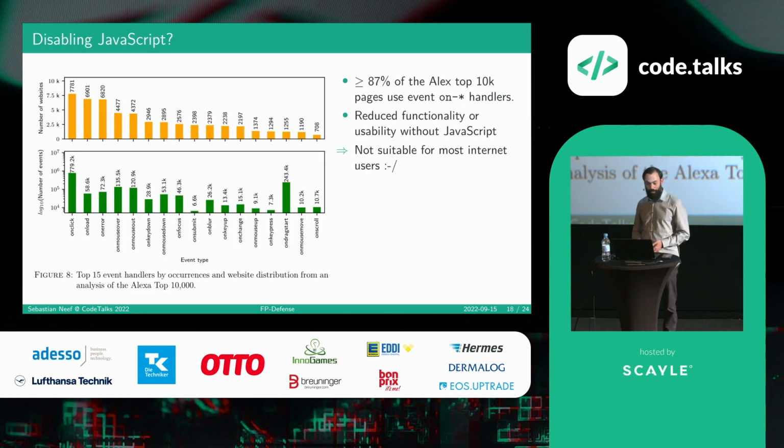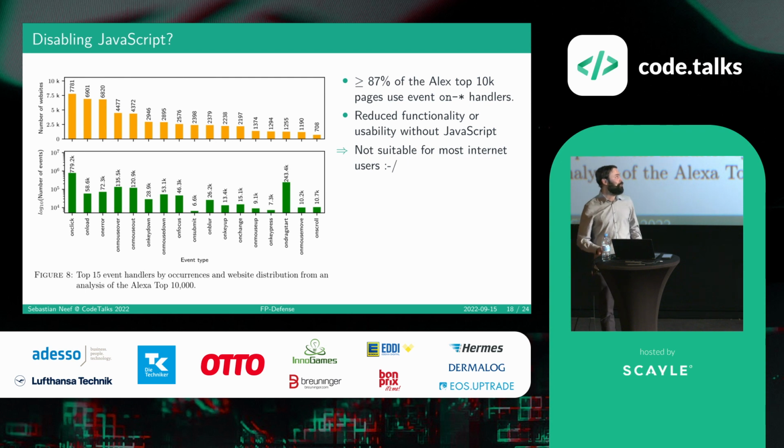I had the same question: maybe I can just disable JavaScript and live without browser fingerprinting. It would be easy, it would be nice. But a scan that I did shows that about 87% of the Alexa top 10K sites use at least one on-event handler. If I disabled JavaScript, all these handlers would not trigger, and the websites would not work as their developers intended.